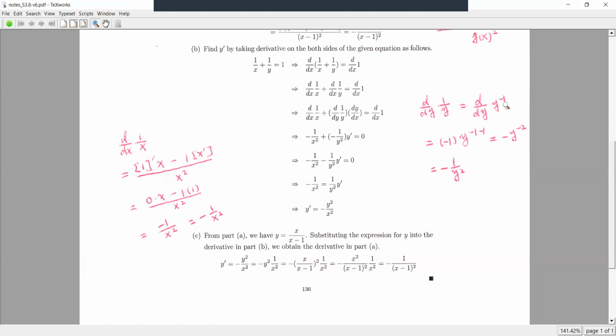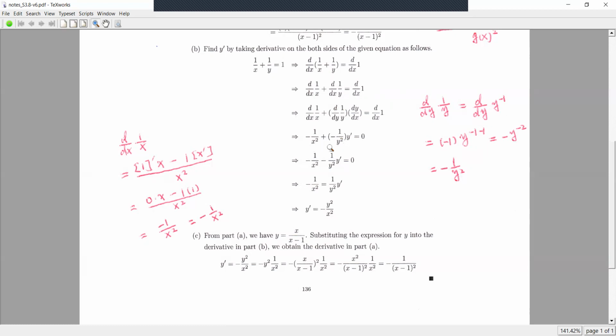Then by the formula for power function, the derivative is equal to power negative 1 times y to power minus 1. So we get negative y to negative 2. This is negative 1 over y squared. So this derivative is negative 1 over y squared. dy/dx is y prime. Derivative on the constant 1 is 0.